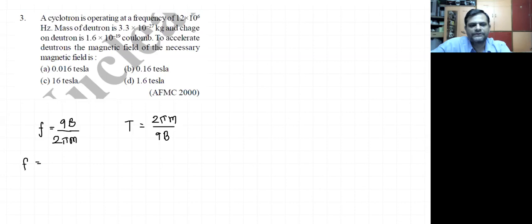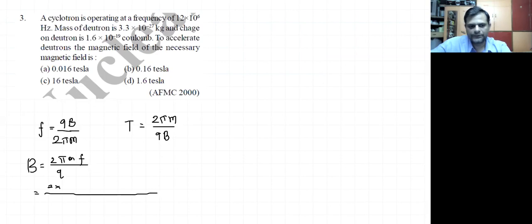If we just put all the values here, then we can be able to get the final answer, that is Q, where Q is nothing but the charge, that is 1.6 into 10 raised to minus 19 coulomb into B is going to be found out. तो ये पे B हमको निकालना है, so क्यों ना फिर ये B के लिए अरेंज कर लेंगे, it will be better. So B के लिए इसको अगर हम अरेंज करेंगे तो हमको मिलेगा 2 pi m into f upon q simply. So ये हमको करना है.